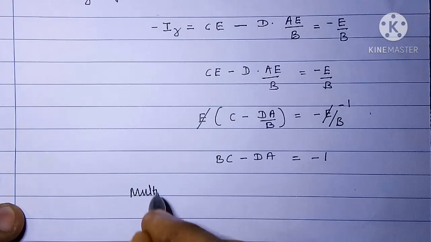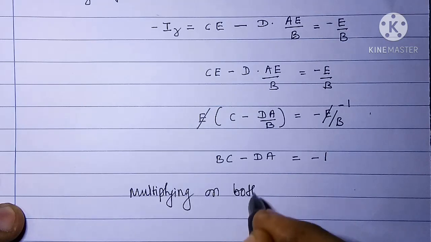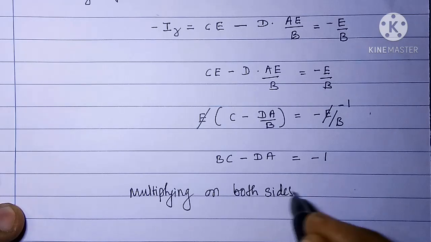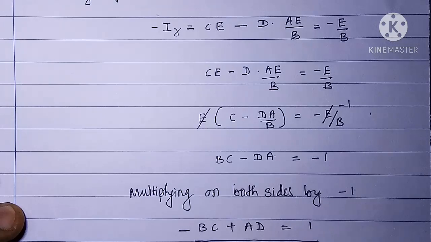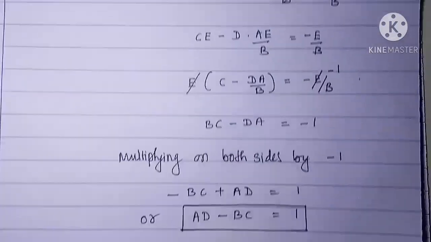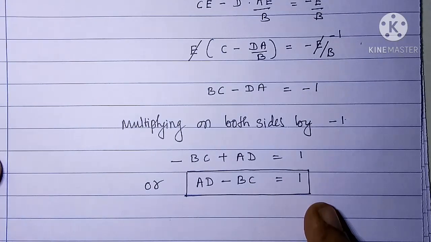Multiplying on both sides by minus 1, we get minus BC plus AD equal to plus 1, or AD minus BC equal to plus 1.